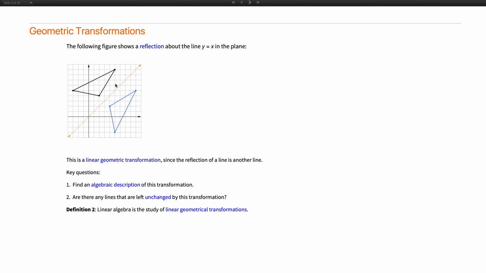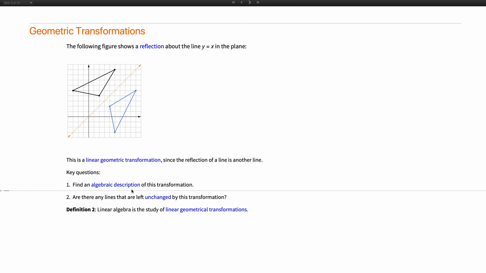So for example, here in this figure, you have a reflection about the line y equal to x in the plane. And this, of course, is a linear transformation because the image of a line is again a line. And given such a transformation, you could ask, find an algebraic description of this transformation.